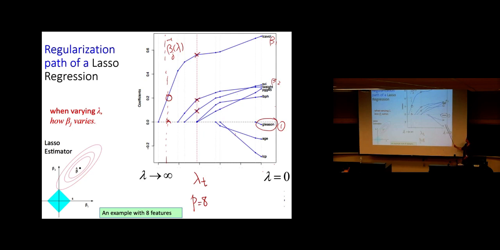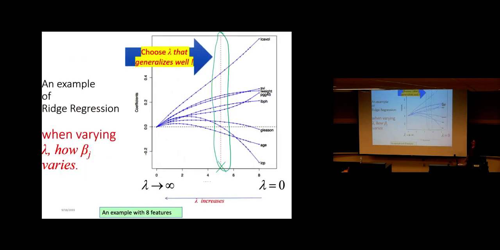This also gives you a full spectrum of the importance of the features when the lambda changes. But in the end, you still have to pick a lambda for the operational model. This helps you understand the full trajectory of how the features change when you have more and more regularization prior. You still have to pick a lambda through cross-validation, hopefully this point, which gives you the lowest cross-validation error.